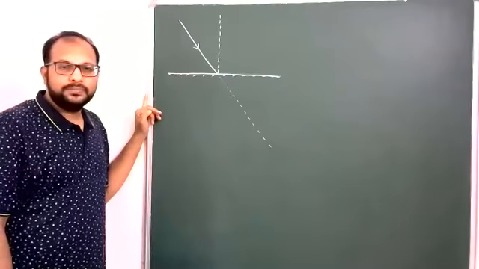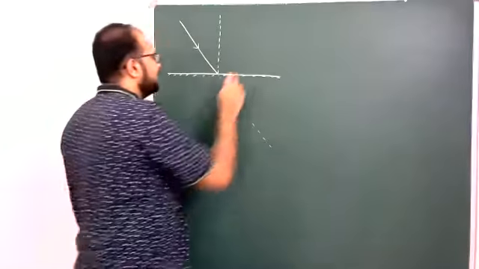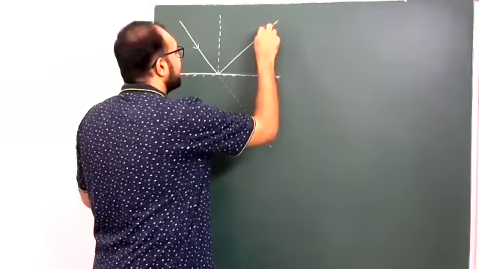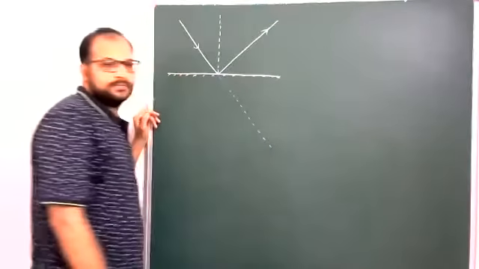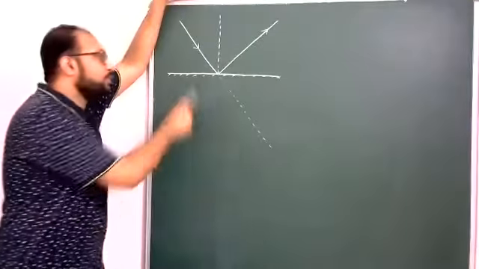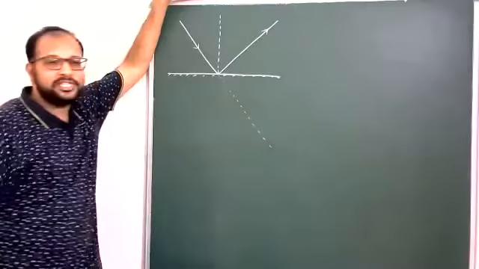But now, because of reflection, the light ray will be reflected in this direction. This is the reflected light ray. Suppose there were no reflecting surface, it would be the original direction of the light ray.